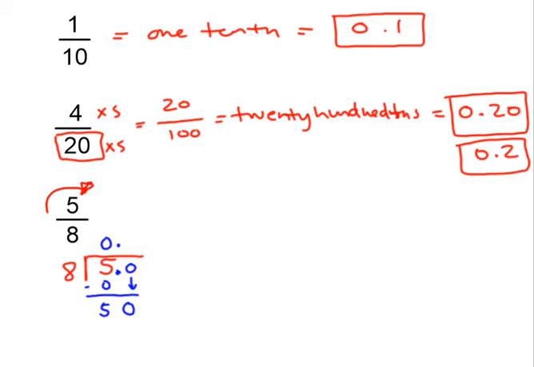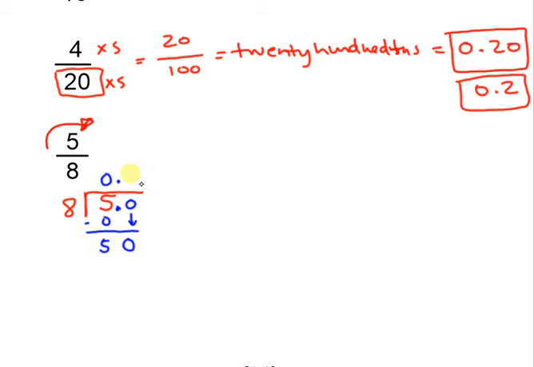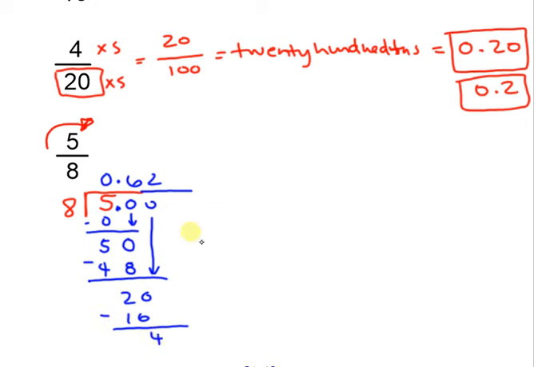Okay, 8 goes into 50. Let's see, 6 times. 6 times 8 is 48. Subtract. 50 minus 48 is 2. Add a 0, bring it down. 8 goes into 20, 2 times. 2 times 8 is 16. Subtract. 20 minus 16 is 4.